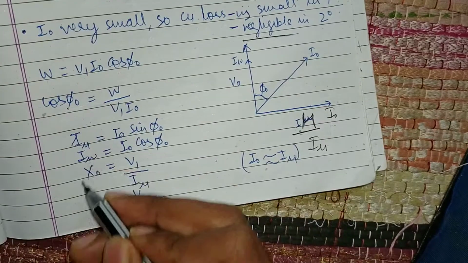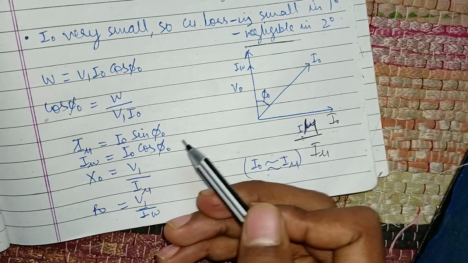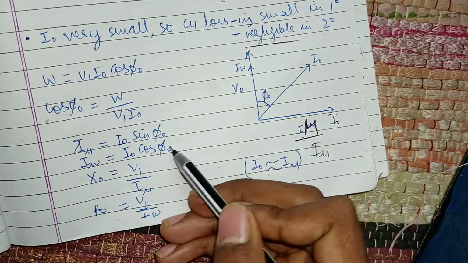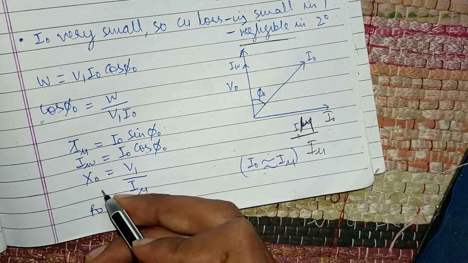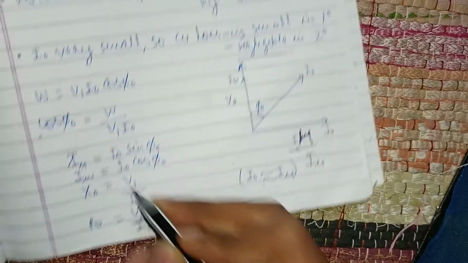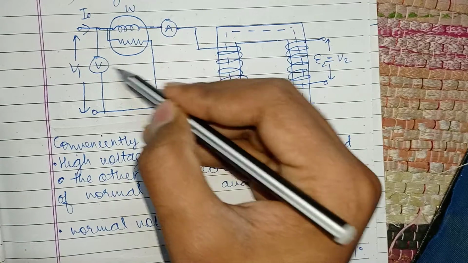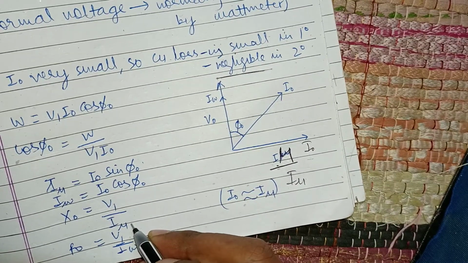I mu is equal to I0 sin phi0, and IW is equal to I0 cos phi0. Now X0 is the reactance. Reactance is the voltage in this winding upon the current passing through it, which is the magnetizing current.